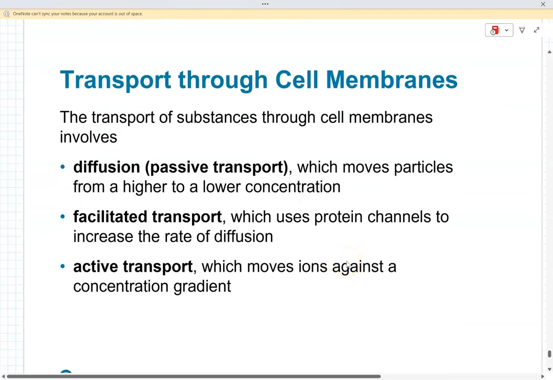Now, since cell membrane separates the outside and inside of the cell, compounds have to be transported. And this transport is achieved via diffusion, which can be simple or facilitated. It's not a correct term. All diffusion is passive transport, or active transport.